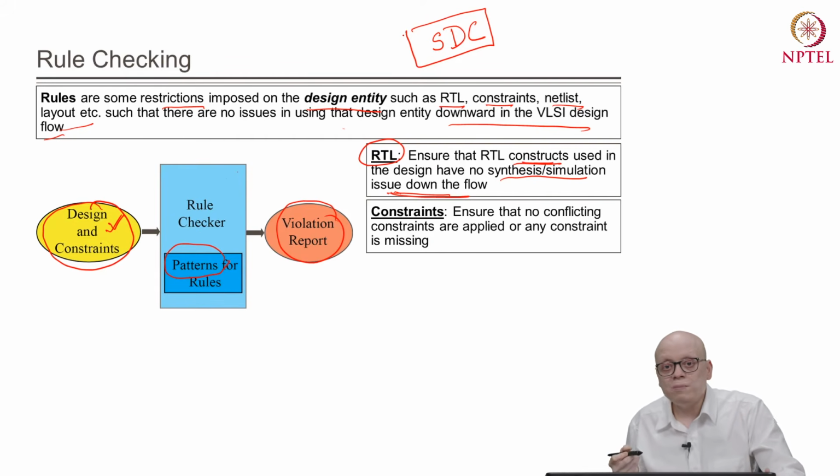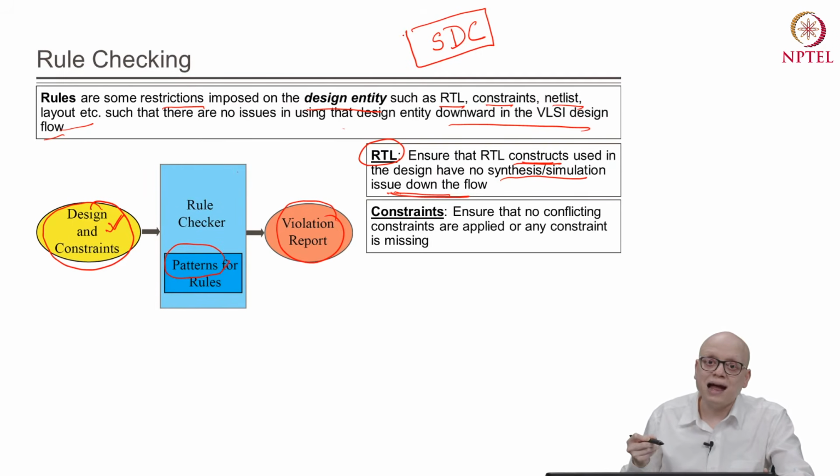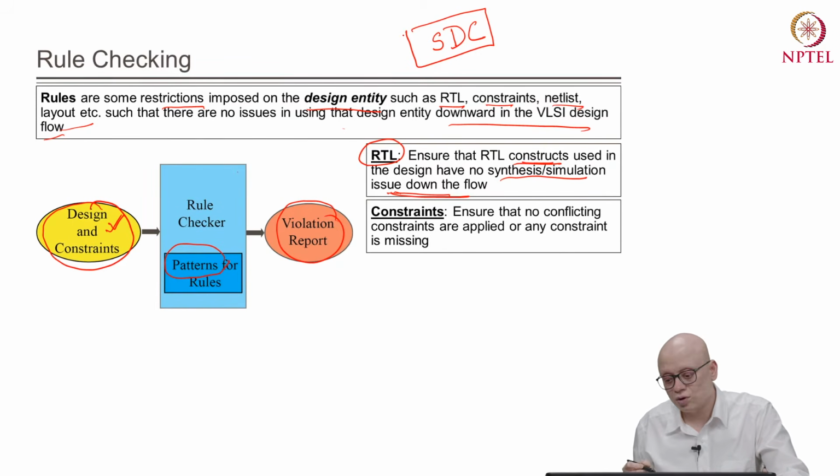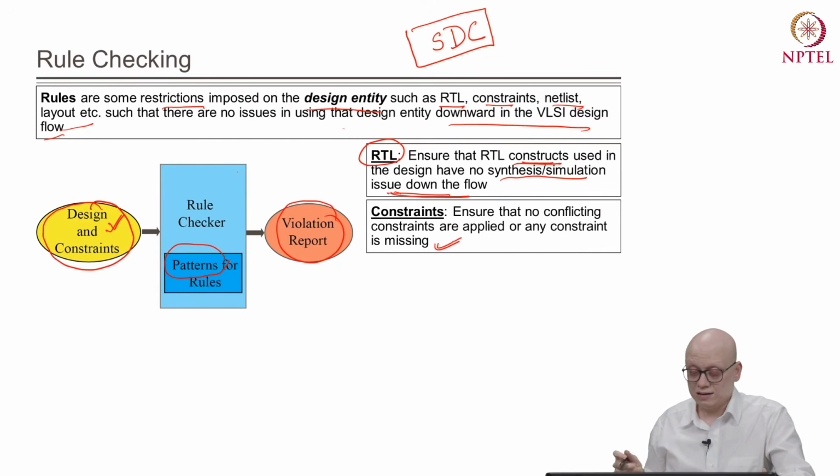While making these changes or writing these SDC files, we can make errors, we can add conflicting constraints and so on. If that happens, it will be flagged by this constraints checker. It ensures that no conflicting constraints are applied and no constraint is missing in our SDC file.